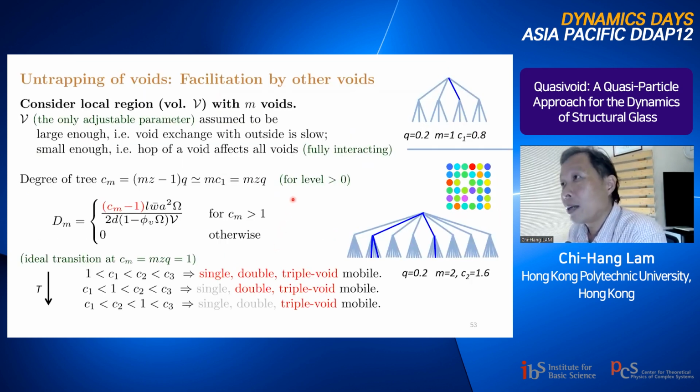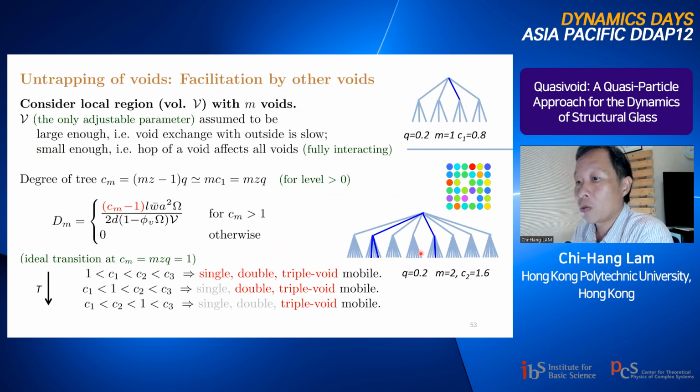Now, about the analytical theory, I want to just talk about that very briefly. So basically, the void motion changes the configuration of the system, and the configuration evolution can be mapped to a graph, which is a tree. When we have a single void, when we have two voids, then we have more directions to go. We have a thicker tree with more branches so that it can percolate more easily, so it becomes more mobile.